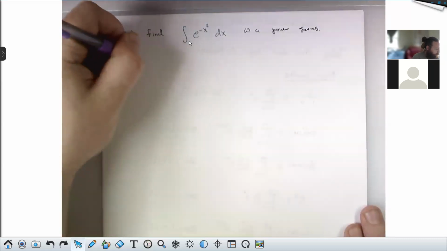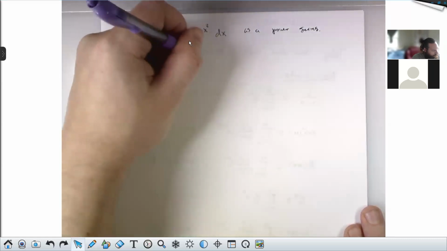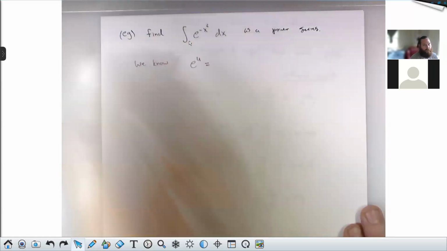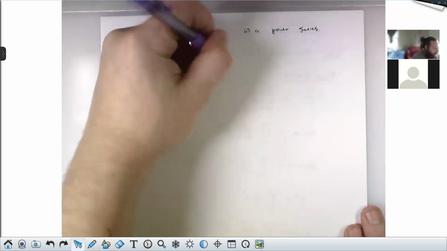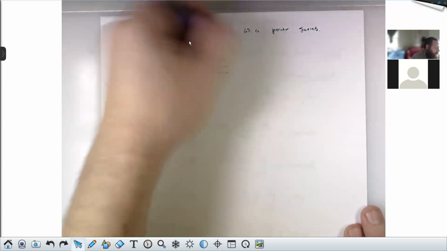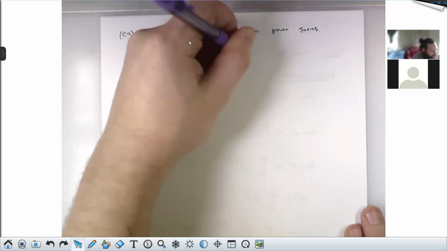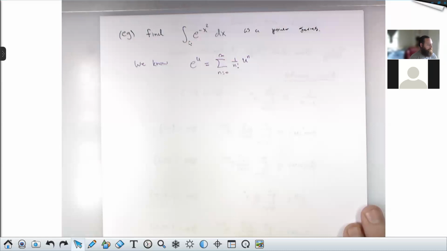So I'll begin by saying we know, and that's why I wrote those all in terms of u, because then you can kind of think of it as plugging in for u. We know that e to the u is the sum from 0 to infinity of 1 over n factorial times u to the n.